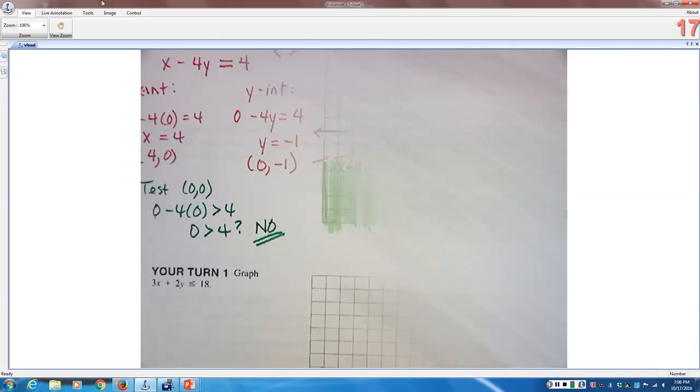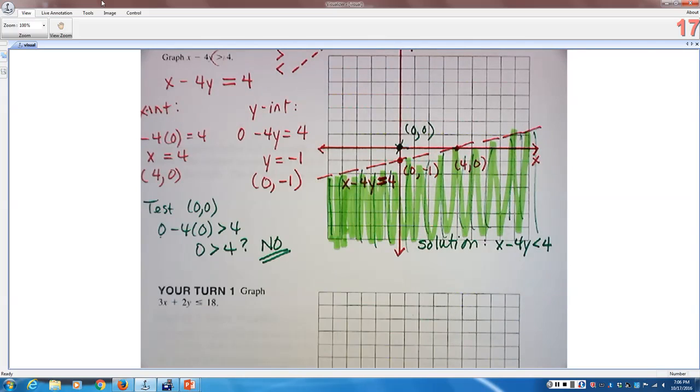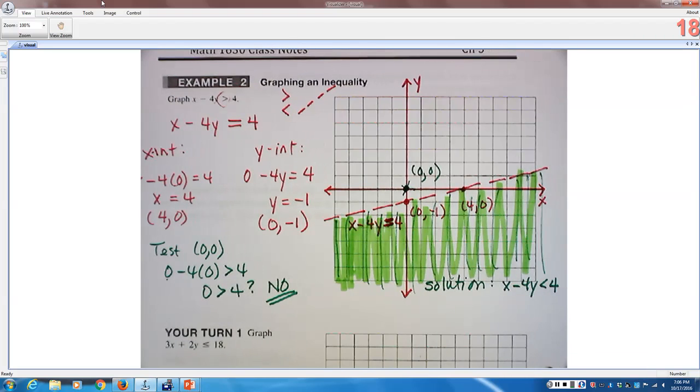If you don't have the equal, if you just have less than or greater than, then you make it dashed. Okay? Making sense so far?